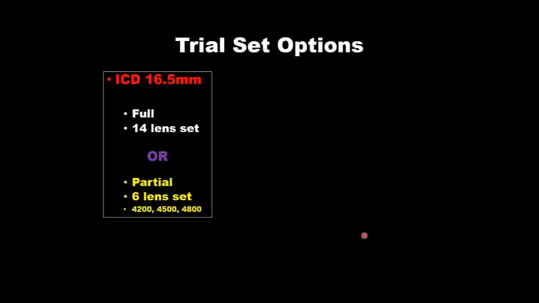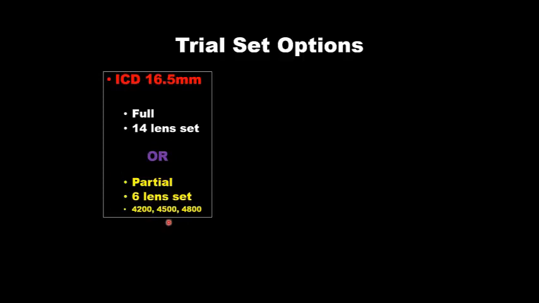And I bring this up because you have some options. If you have a big specialty contact lens practice, you probably want the full ICD set. If you have a bunch of scleral sets that aren't performing as well as you'd like and you want to try the ICD, you're not sure that this is going to be the lens for you, then you can order the partial lens set, which includes 2 42s, 2 45s, and 2 48s.